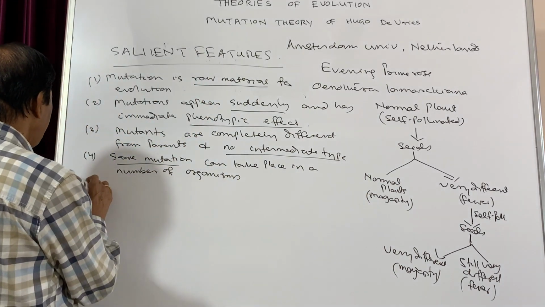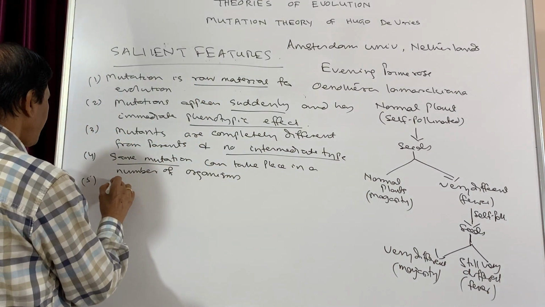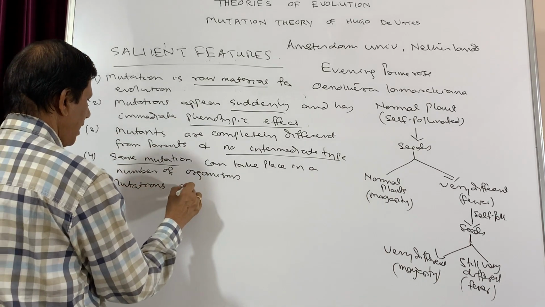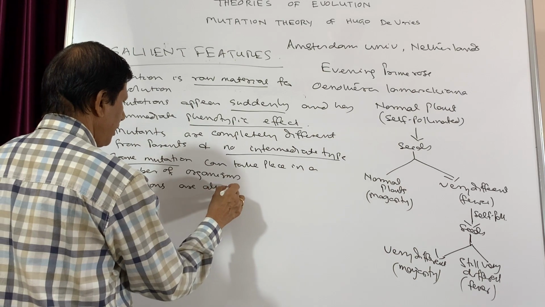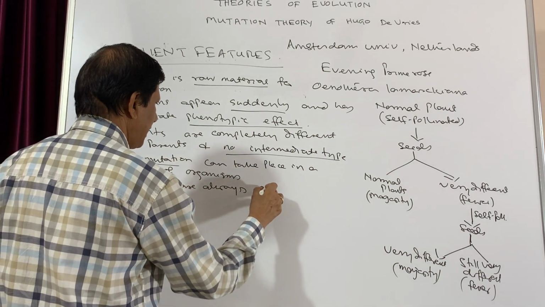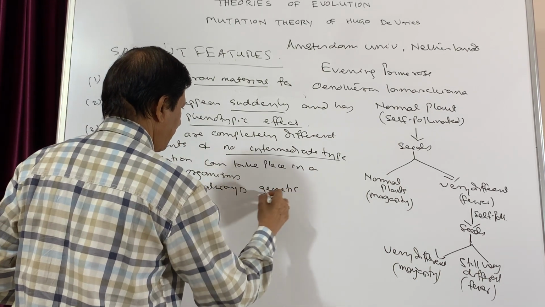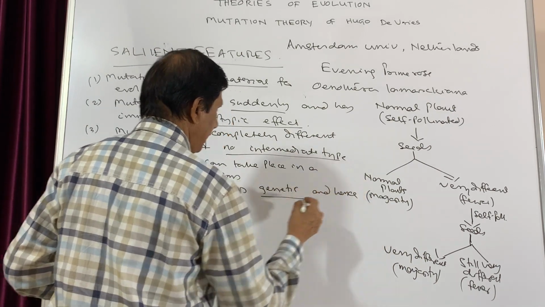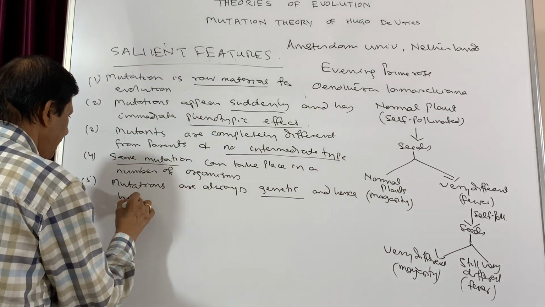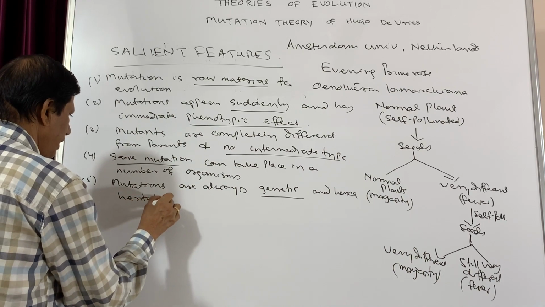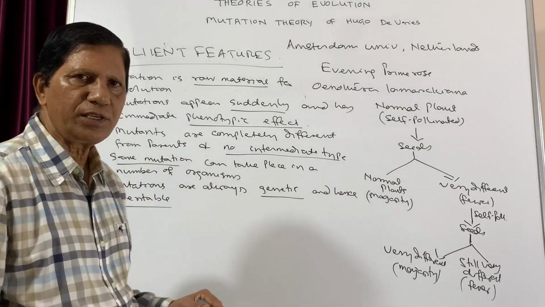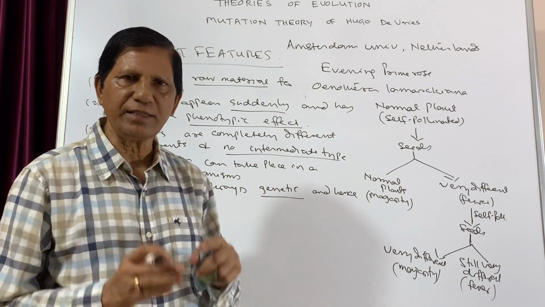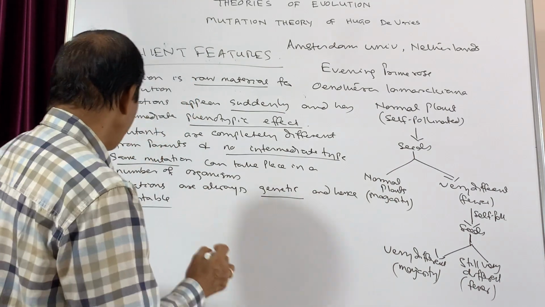Then the next point is the mutations are always genetic, very important, and hence heritable. That means a mutation takes place in the genetic makeup of the organism. That is genetic, and that is why it is always heritable.